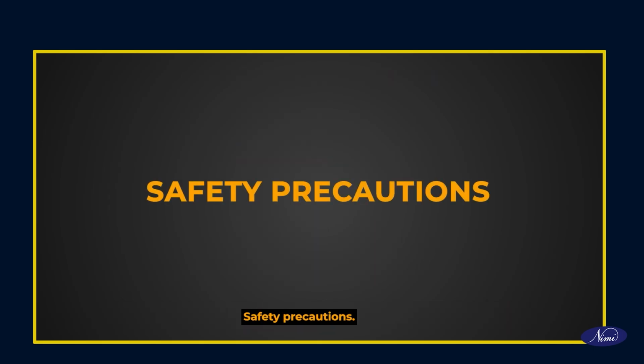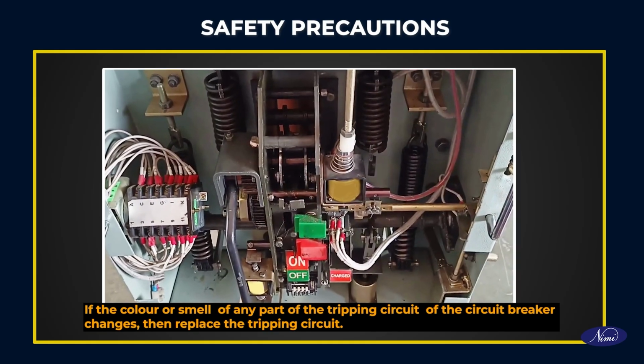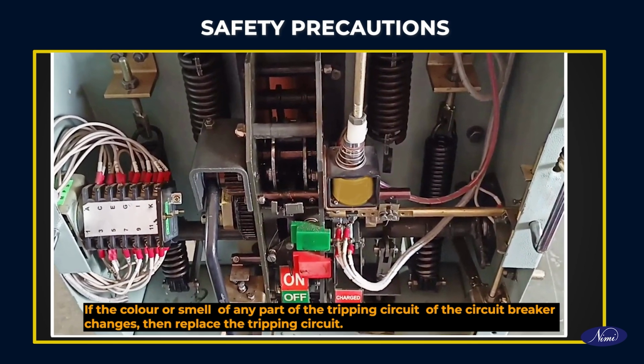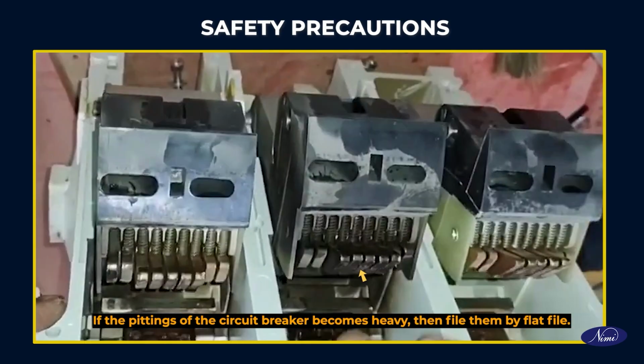Safety precautions: provide earthing cable before connecting the circuit breaker to the power supply. If the color or smell of any part of the tripping circuit of the circuit breaker changes, then replace the tripping circuit. If the fittings of the circuit breaker become heavy, then file them by flat file.